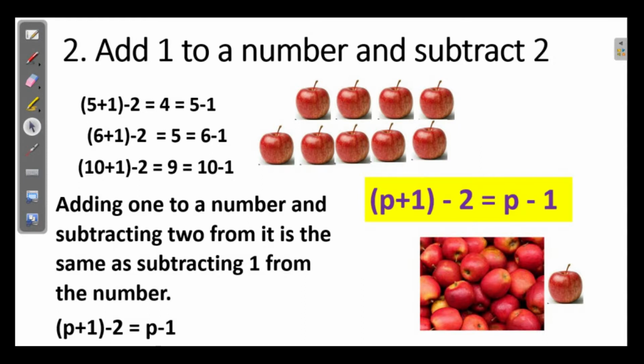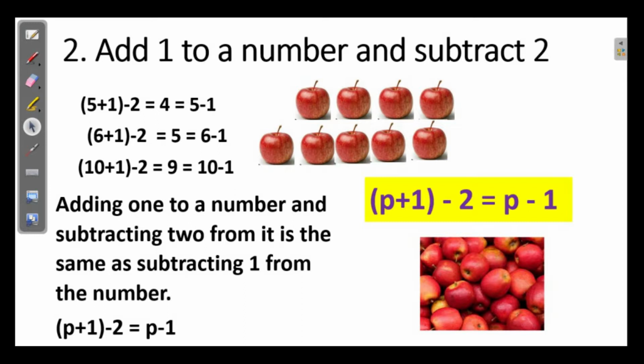And here, in this set, do you know how many apples are there? No. We don't know the number, so we can use a letter. We can write it as P; any letter we can use. Then P plus 1, so 1 more is added to the set, and take 2.